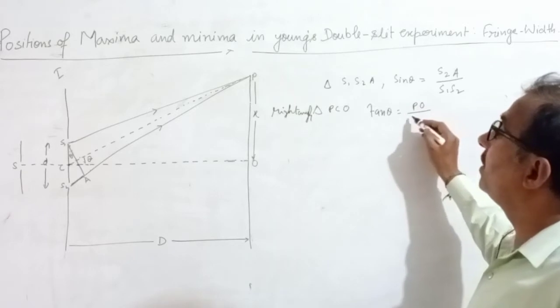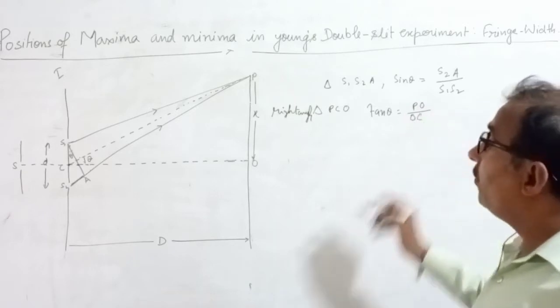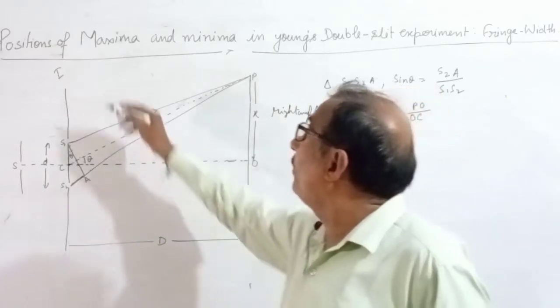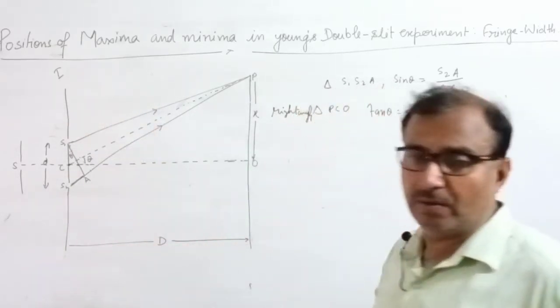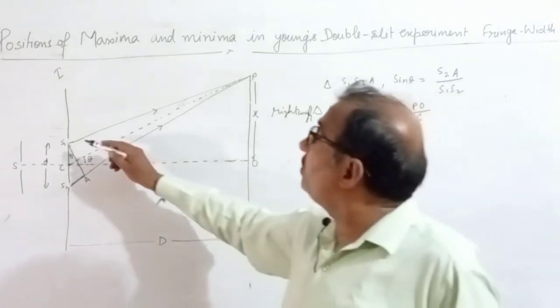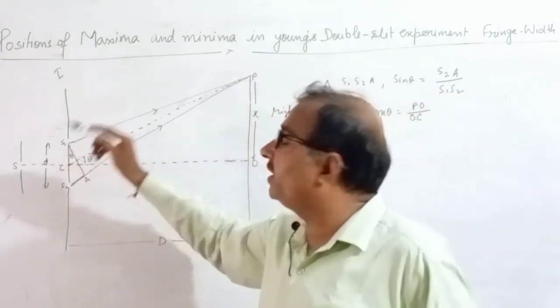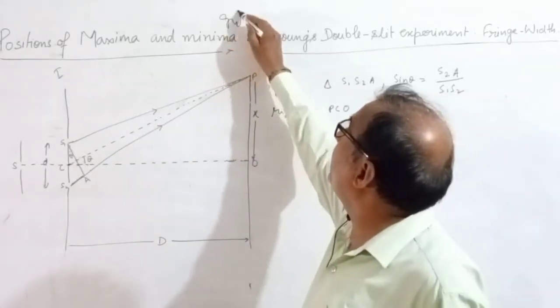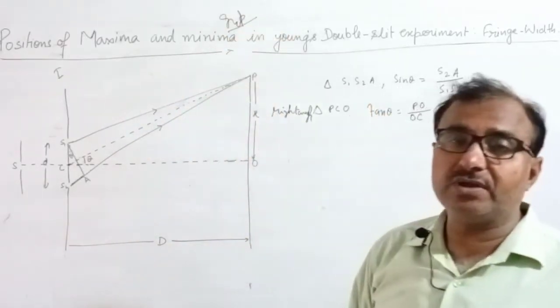PO upon OC. What we assume? We assume distance of this screen from this screen is capital D, and distance between these slits is small d. Very, very important derivation for this year's second semester exam.